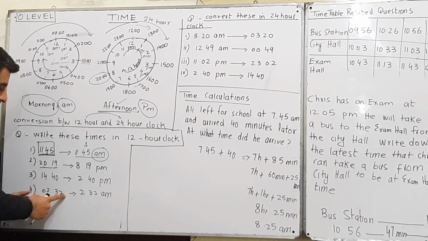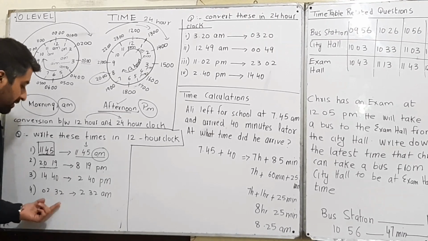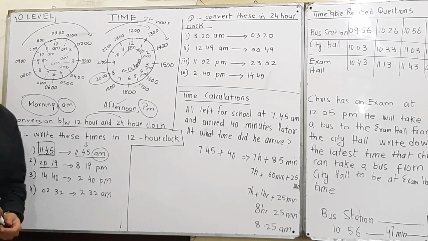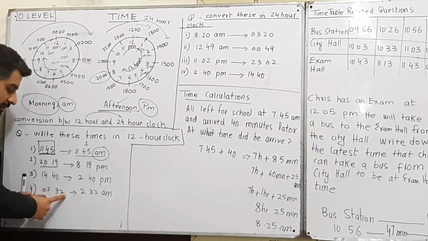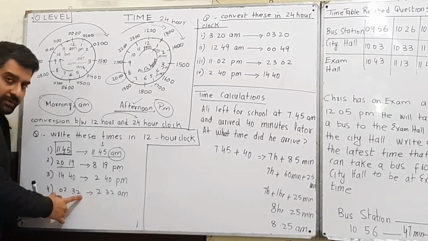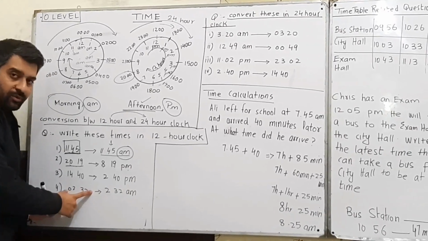02:32, we don't have AM, we don't have PM over here. When you don't have AM or PM with your time, that is an indication that it is 24-hour clock. Now we are certain that we are in 24-hour clock because I don't have AM or PM over here.